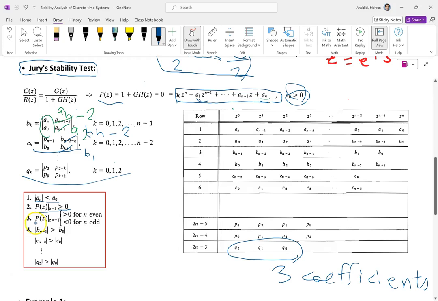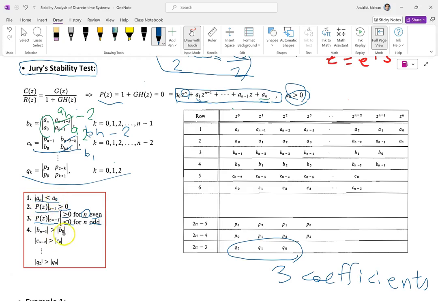At z of negative 1, which is another point on the unit circle, if n, which is the highest order of this polynomial, is an even number, p at negative 1 should be positive. If it's an odd number, it should be what? Negative.